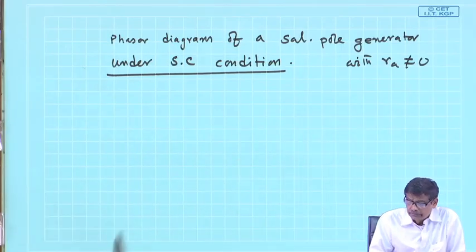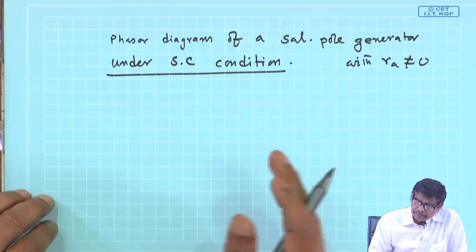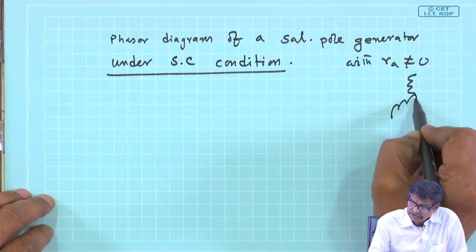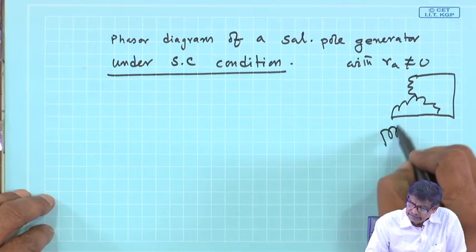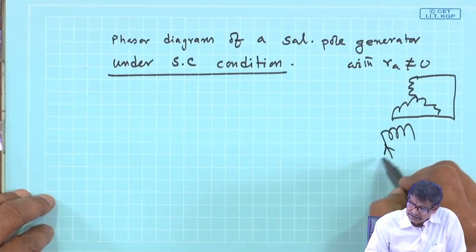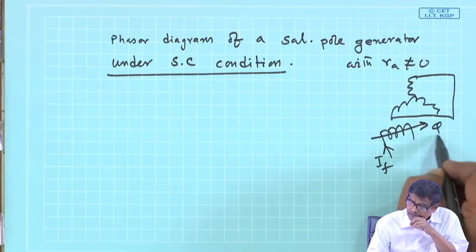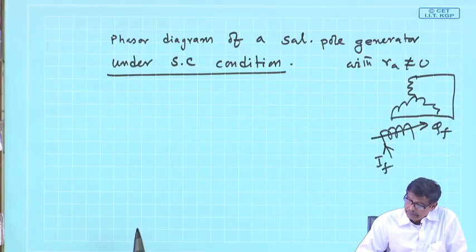So, what do I do? In case of a generator, the terminal voltage will be 0, there is some field current IF, some phi f is produced. Okay. I want to find out this one.